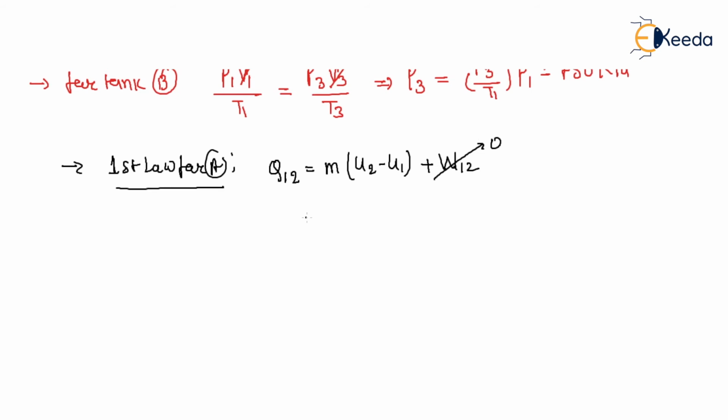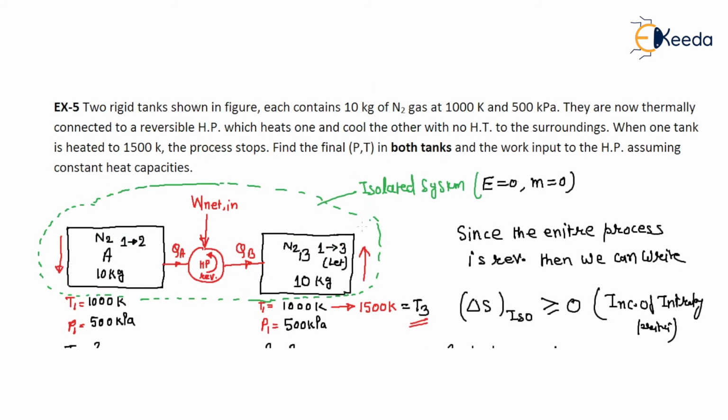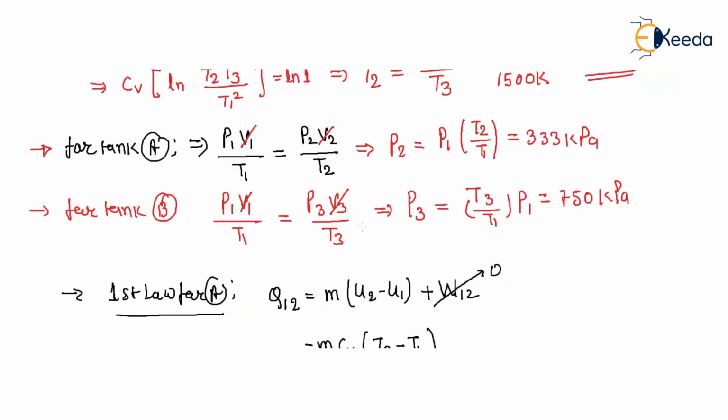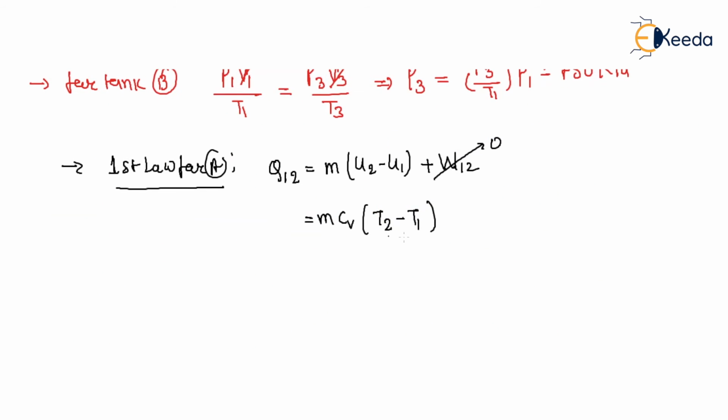So it is m Cv (T2 minus T1). So you have m, what is m? m is 10 kg. So you have 10 kg, you have Cv of nitrogen given, T2, T1 given, so this is your value, right?